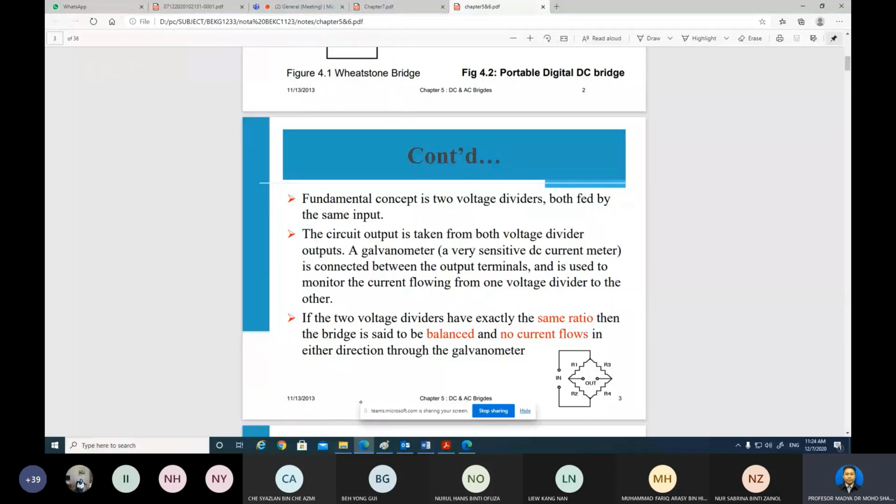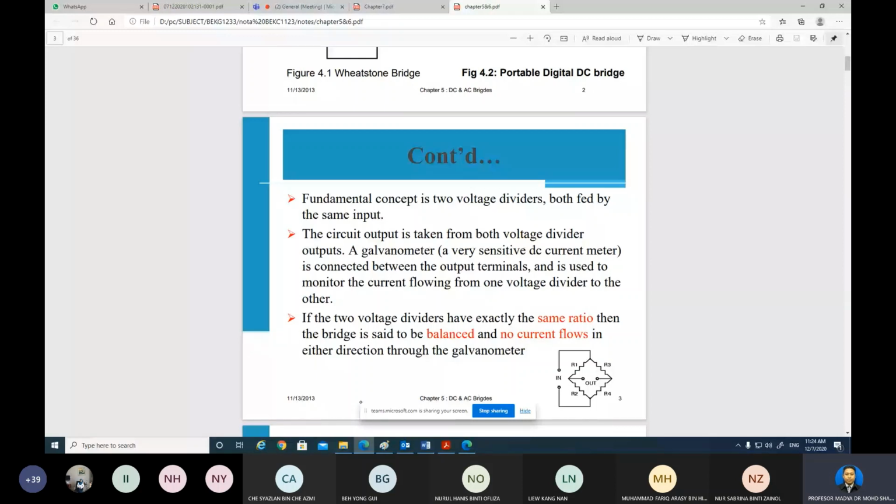But if this circuit is unbalanced, the galvanometer will show current flow. That is what we call an unbalanced circuit. For example, if the voltage across R1 is not equal to that across R3, current will flow through the galvanometer.